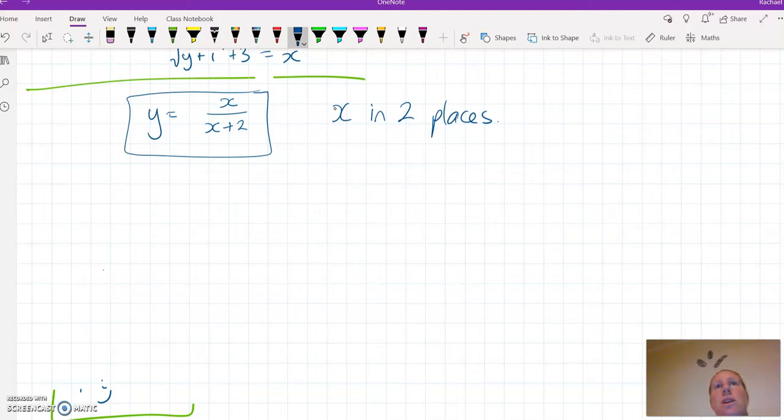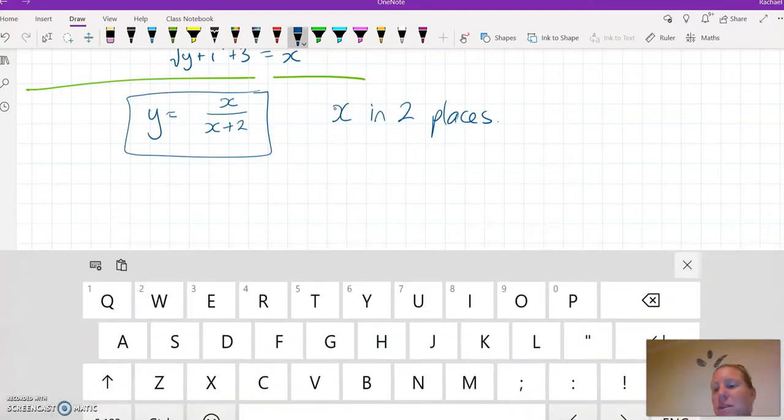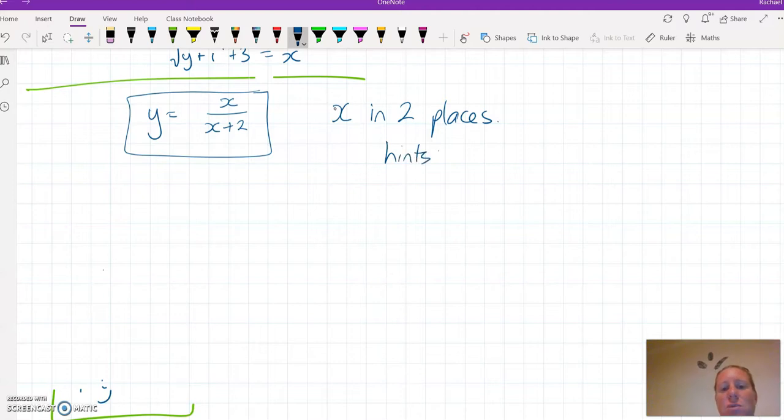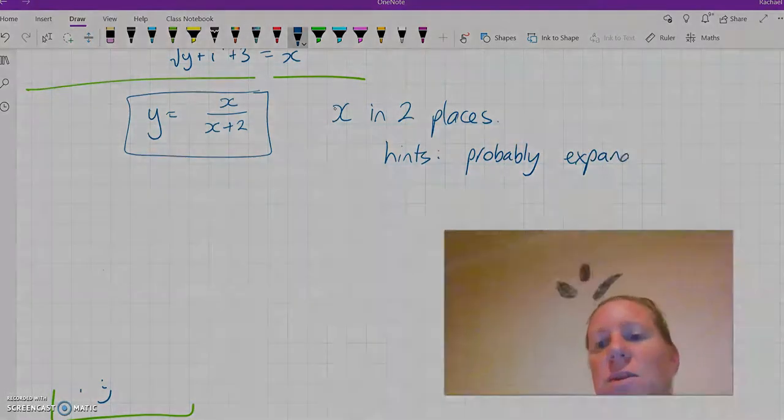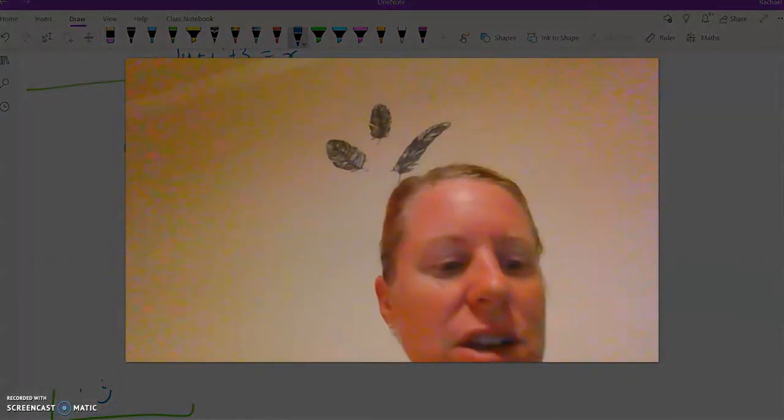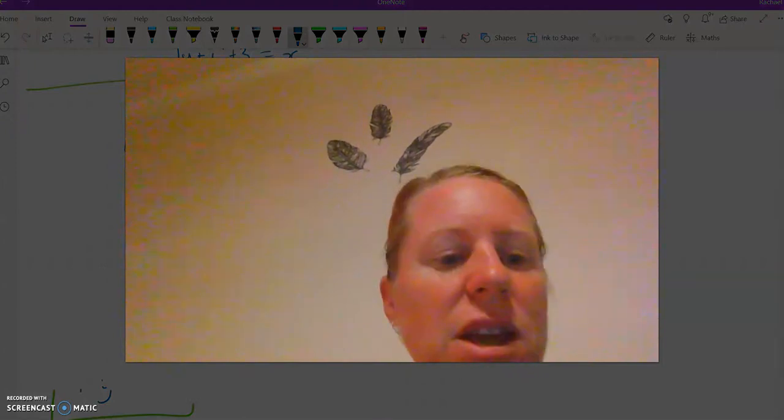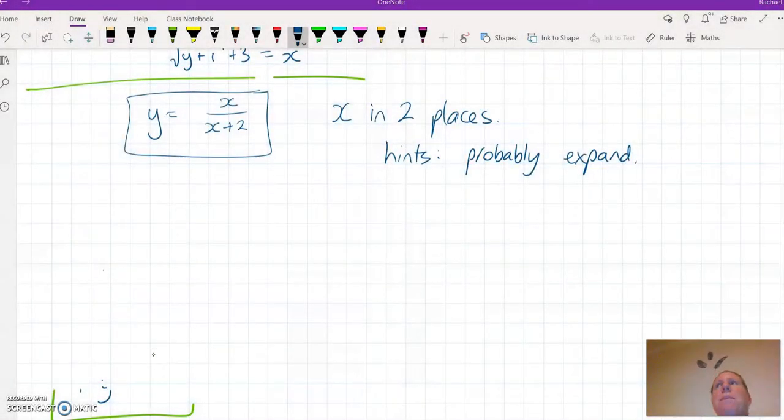Now, to make sure that you've got terms that all have x in them, you're probably going to need to expand out at some point. So some hints for these particular ones is you're probably going to need to expand, and when you expand out, you're going to end up creating a few different little terms that each have x in them, rather than having x tangled up within some brackets or under a square root sign or something like that.